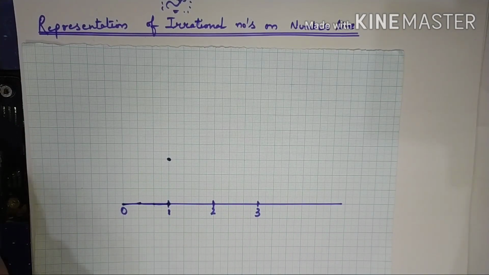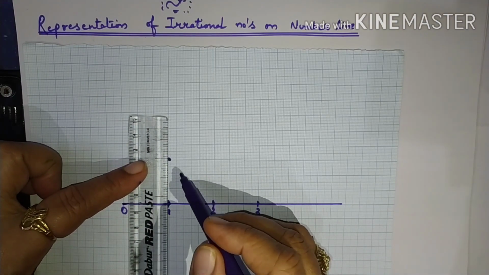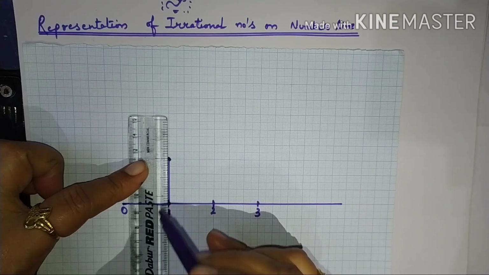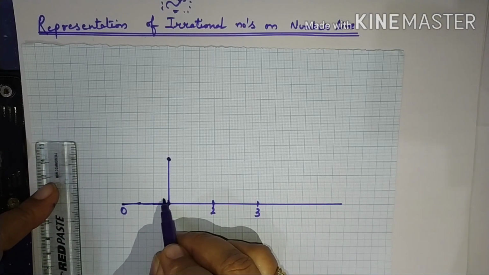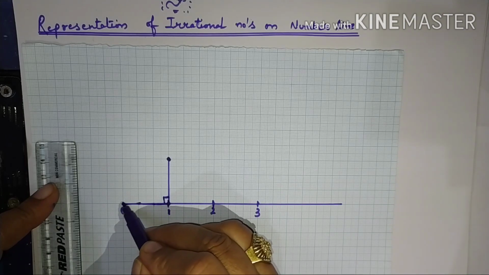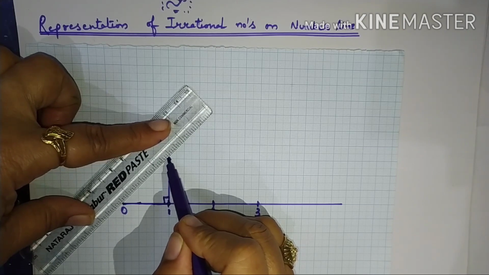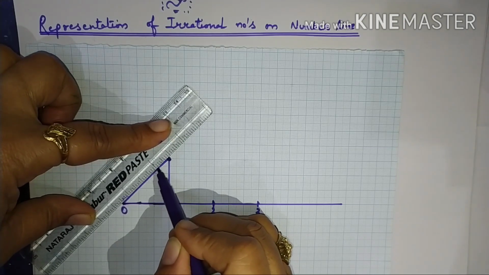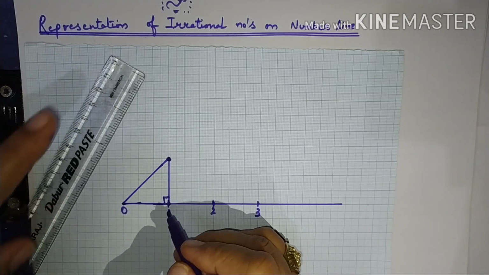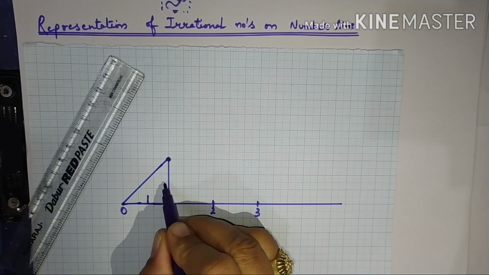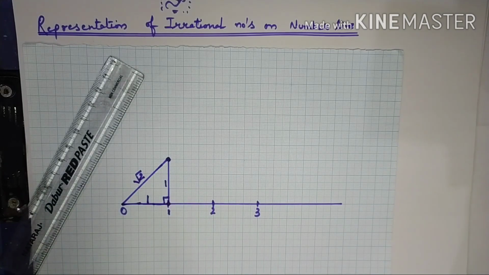If I represent it with a scale, this is the perpendicular, and the hypotenuse will be considered as root 2.